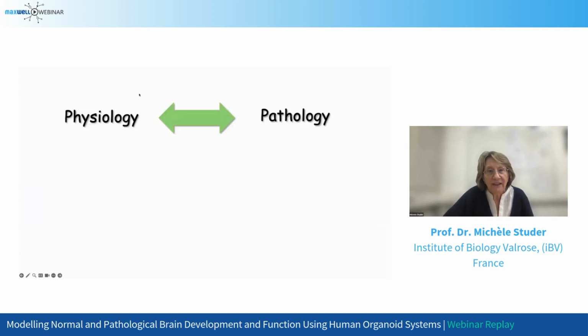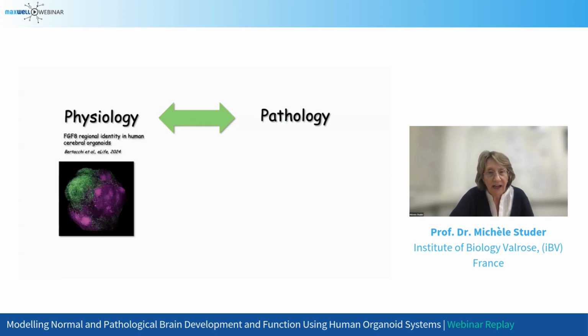We are interested in connecting physiology and pathology, which are two processes that are very tightly linked. Indeed, we need to understand how mechanisms work in order to understand the mechanisms of disease, but pathology can also help us understand more about what's happening physiologically. So we think these are two very much linked processes.